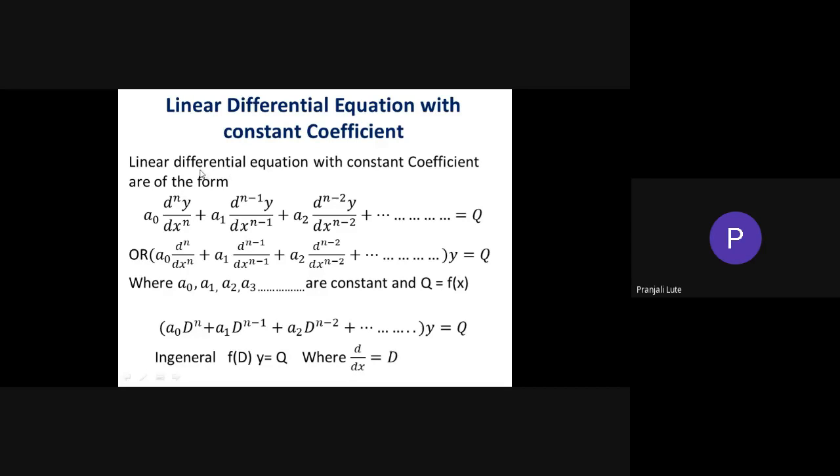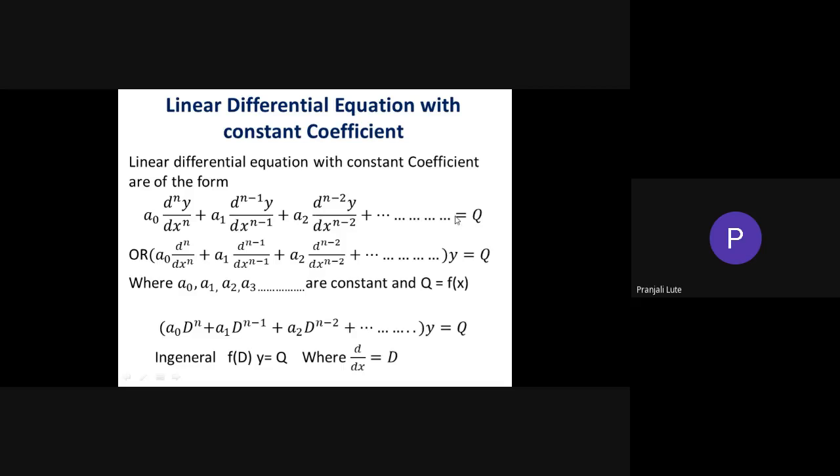So what is the form of linear differential equation with constant coefficient? a naught d to the power n y by dx to the power n plus a1 d to the power n minus 1 y by dx to the power n minus 1 plus a2 d to the power n minus 2 y by dx to the power n minus 2 and so on, which equals Q. Here Q is just a notation, and Q is a function of x.